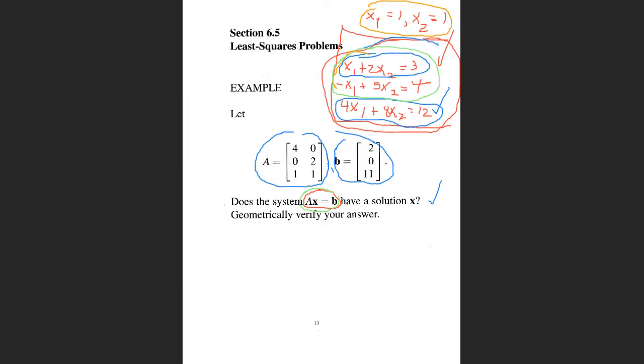If you have a redundant equation, you could get a solution.